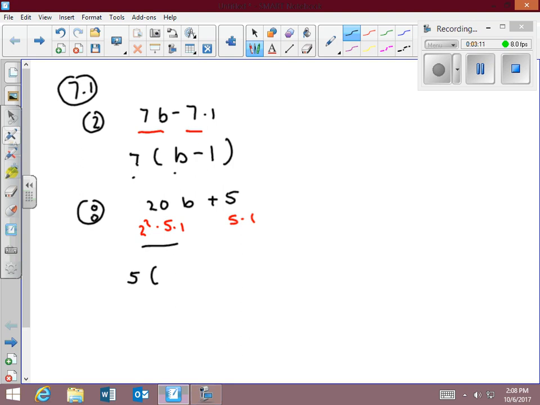Well, there's 4, which is actually this 2 squared. 4 what? B. And then in the second one, it's a 1. So that's prime factor. Now remember that you've got to be able to distribute the 5 across these two and get back to those two.